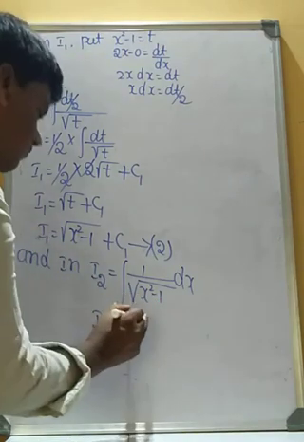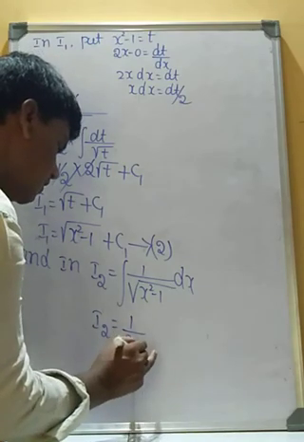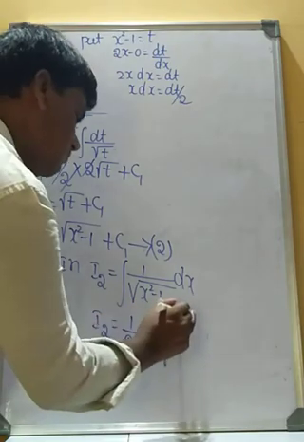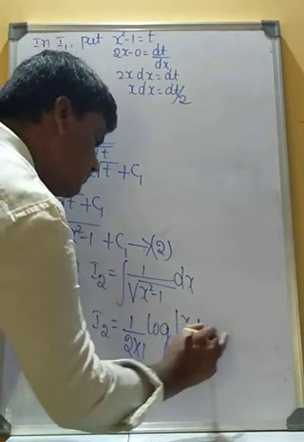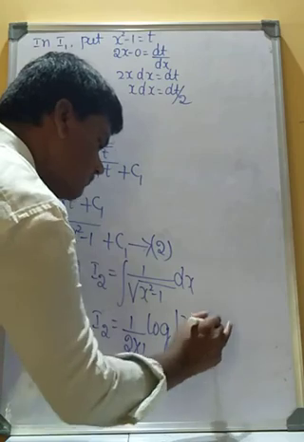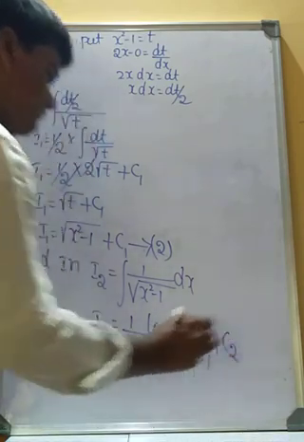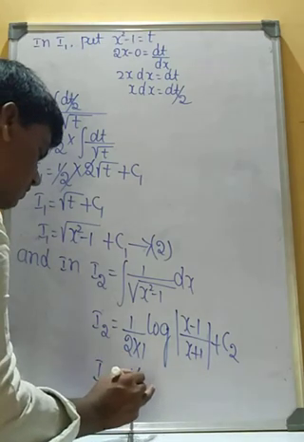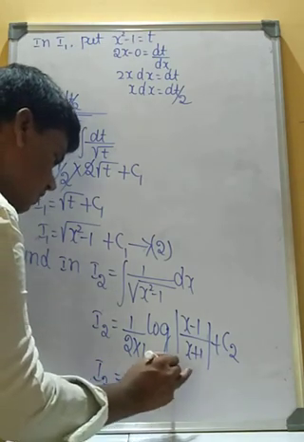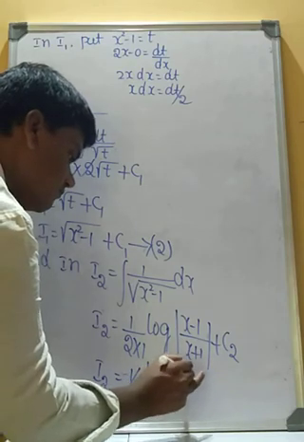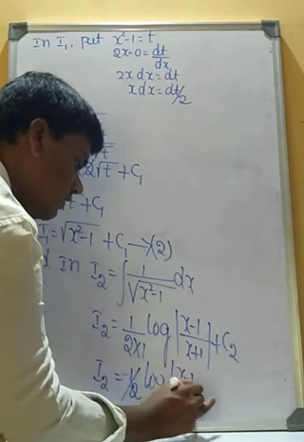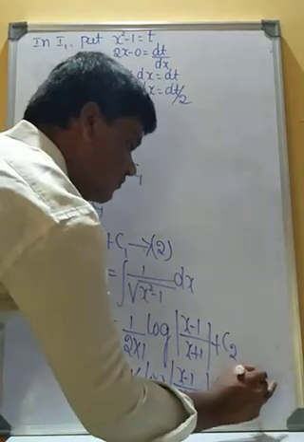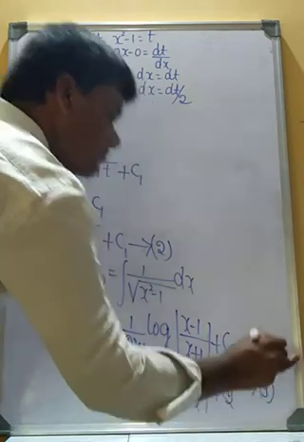That is, 1 divided by 2a into log of mod x minus 1 divided by x plus 1 plus c2. Therefore I2 is equal to 1 divided by 2 into log of mod x minus 1 by x plus 1 plus c2. So, called equation number 3.